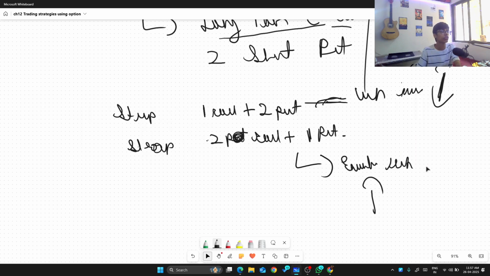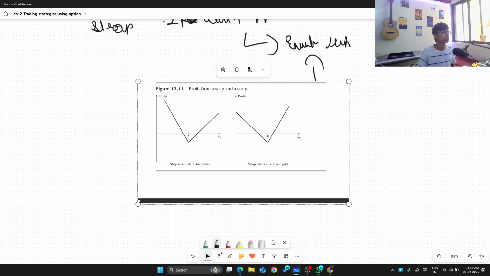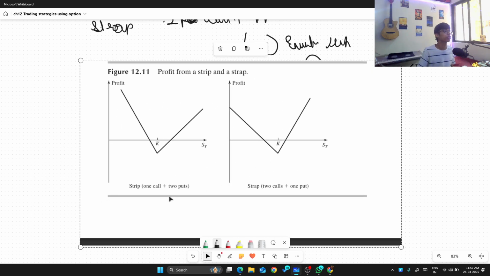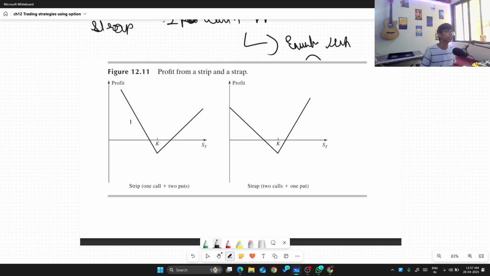So the payoff diagram would be like this. Let me show you. The strip consists of one call and two puts, and you can see that this side is more steep. And the strap is more steep on the other side because there are two calls here, right? And that's how strip and strap work.